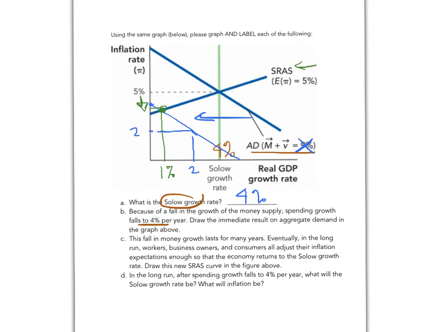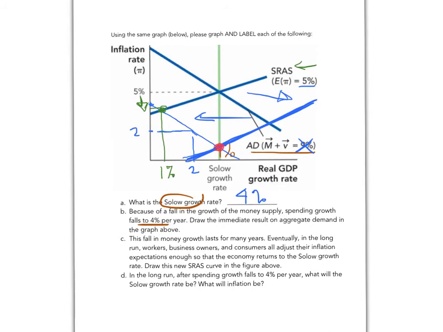It's getting kind of busy here, but I'll make this line as thick as possible so it's clear. The short run aggregate supply curve is now shifted to the right as inflation has dropped. And so this economy is really soft. The unemployment rate is much higher than normal since we're below our potential growth rate. And prices will fall.